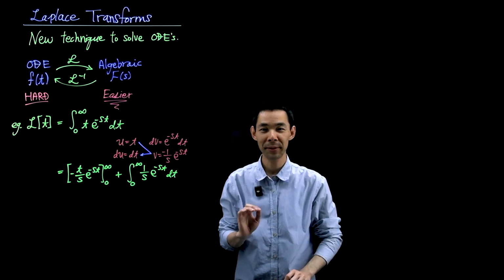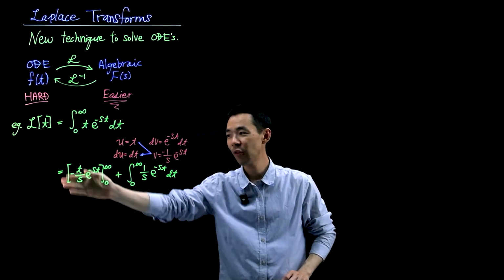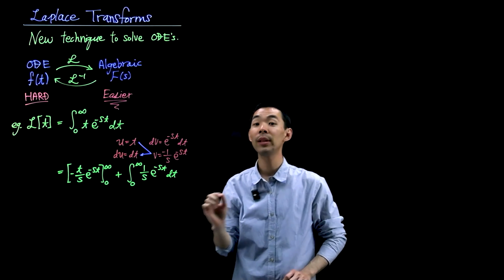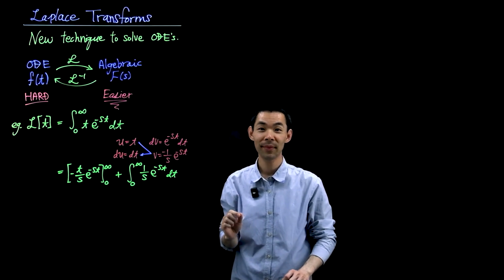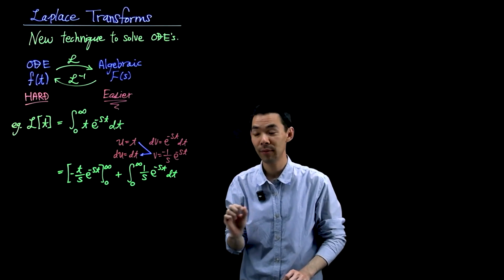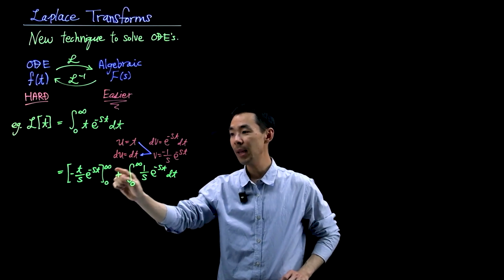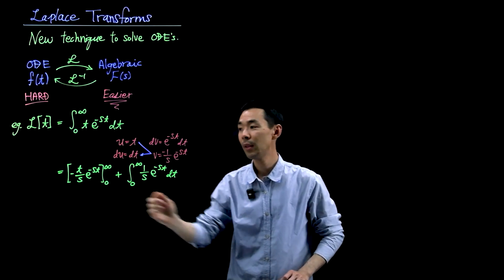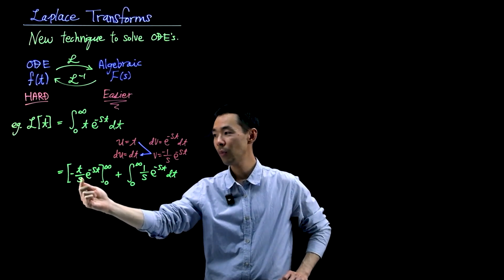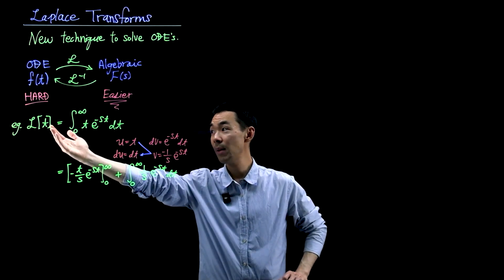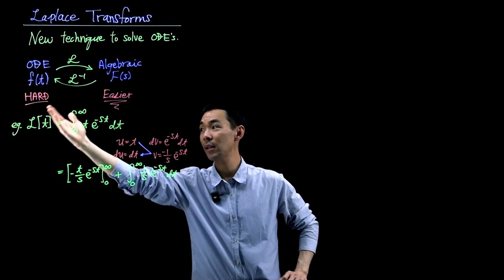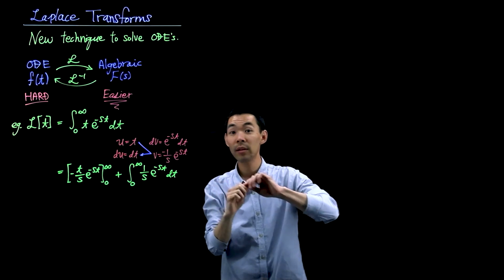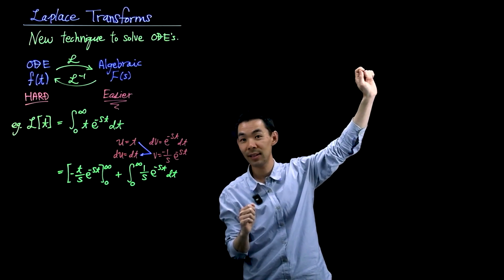Straightforward integration by parts. Now, let's think about the first term. We need to evaluate this term between the lower and upper bounds. Now, the upper bound. As time t goes to infinity, what happens? The term that we want, which is t, which originally came from the function we wanted to take the Laplace transform of, t up here, grows linearly as t goes to infinity.